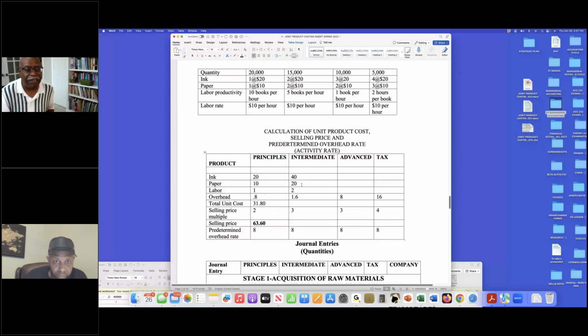So it's 40, 20, then 2 for labor. That's 62. And so I add the 1.6 overhead. 62, 1.6. Is that 63.6? Yeah. What's my selling price going to be? Times 3.